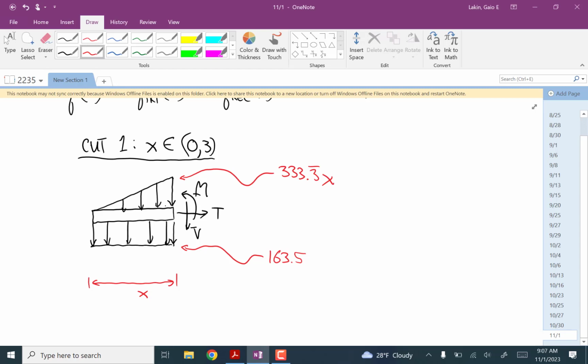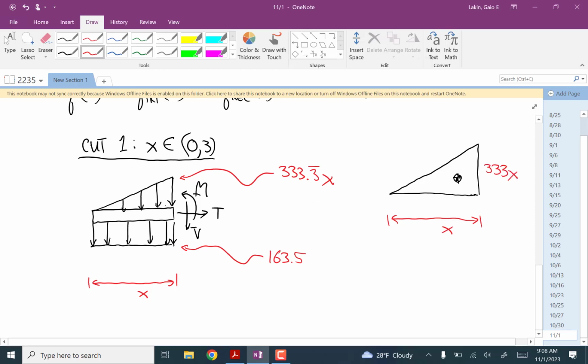And so now we can figure out how to represent these as point loads. If you think about the triangle, it has a width of x and a height of 333x.